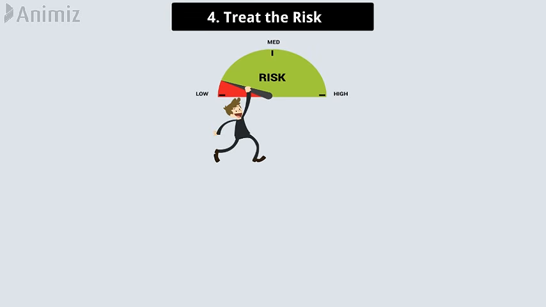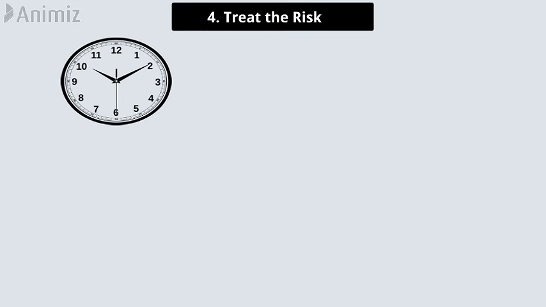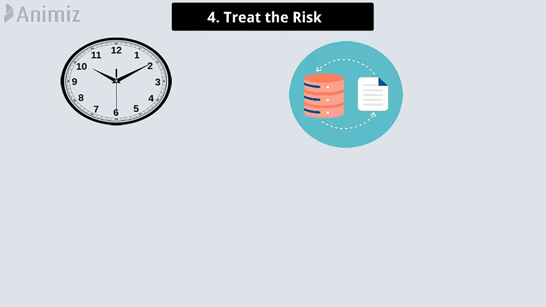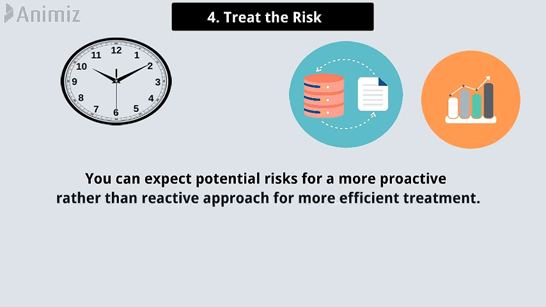Effectively treating and modifying the risk also means using your team's resources properly without hampering the project in the meantime. As time goes on, and you develop a larger database of past projects and their risk logs, you can expect potential risks from a more proactive rather than reactive approach for more efficient treatment.